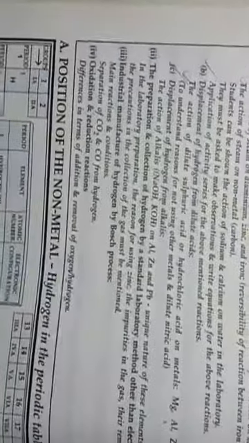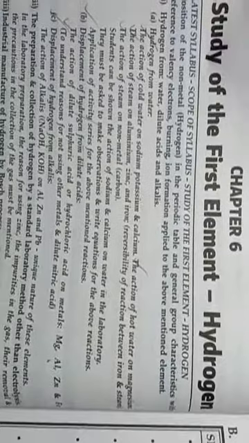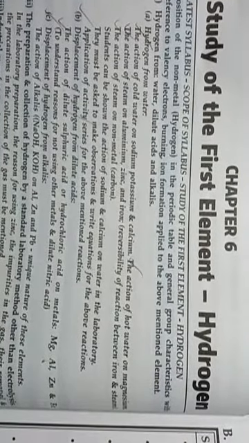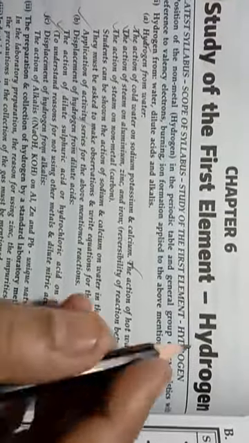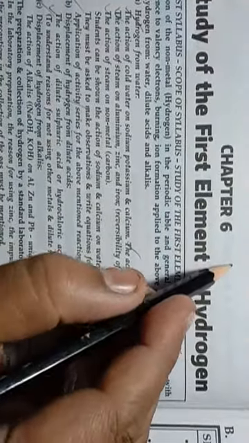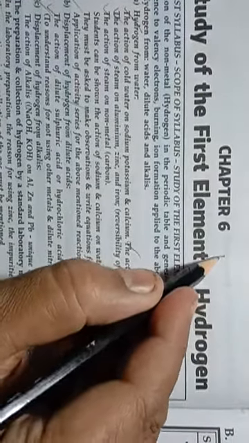Hello children, today we will start new chapter number 6, study of first element, that is hydrogen. As we all know, the symbol of hydrogen is H, its atomic number is 1 and mass number is also 1.